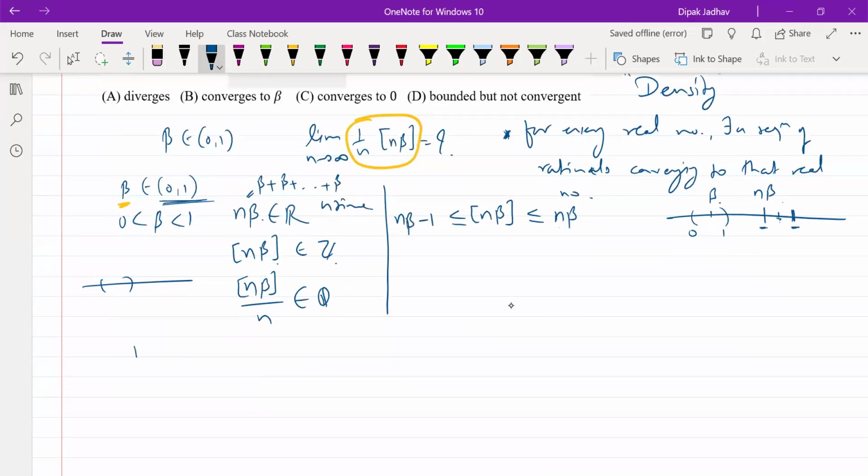For example, if I take beta equal to 0.5, what will n beta look like? How will the sequence look? What are the terms of the sequence? Let me write. First of all, beta, 2 beta, 3 beta, and so on up to n beta, and the sequence continues.